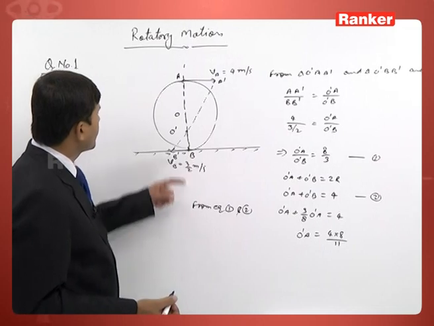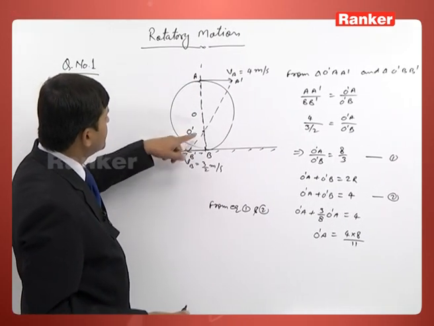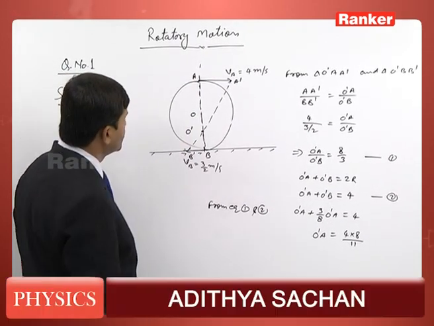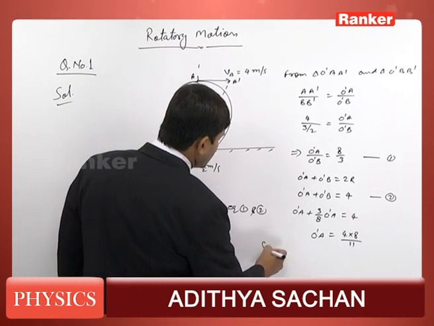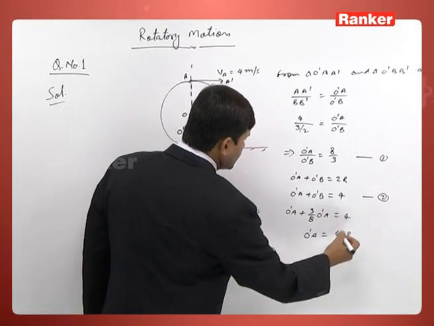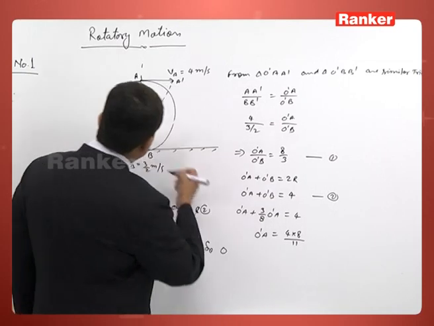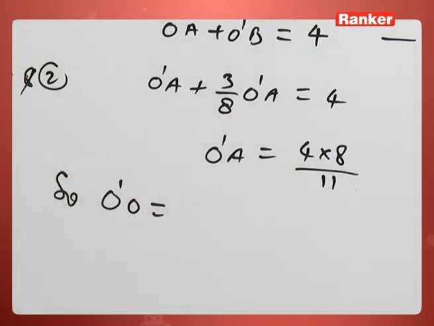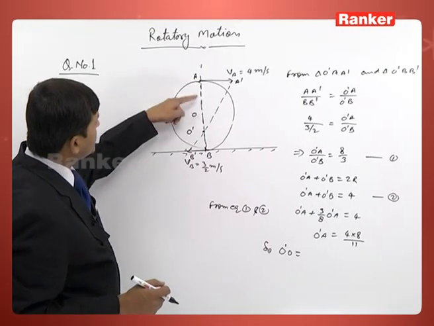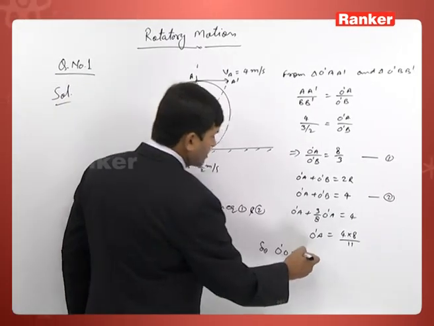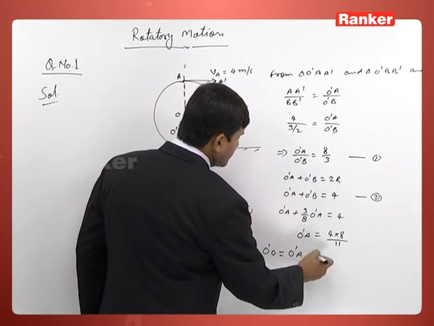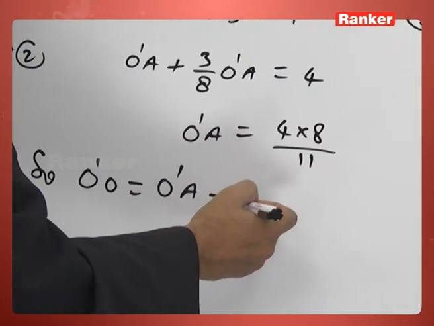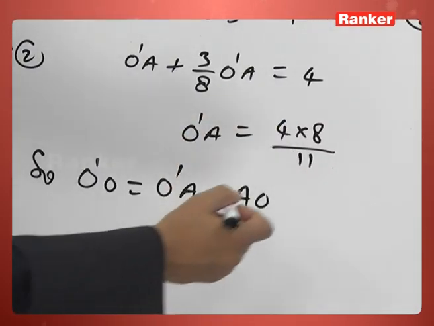This is O dash A, but we want O dash O. O dash O is equal to O dash A minus AO.